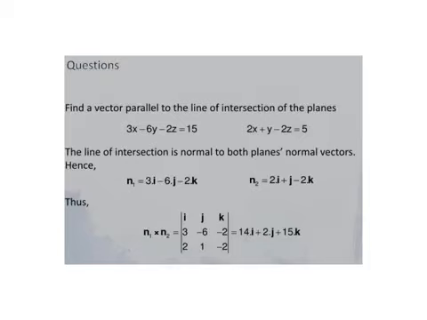Similarly, the normal vector n2 of the second plane is 2i + j - 2k. Thus, the cross product n1 × n2 gives the determinant of i, j, k; 3, -6, -2; 2, 1, -2. After solving the determinant, we are left with 14i + 2j + 15k.